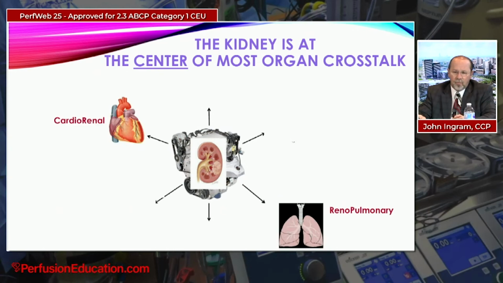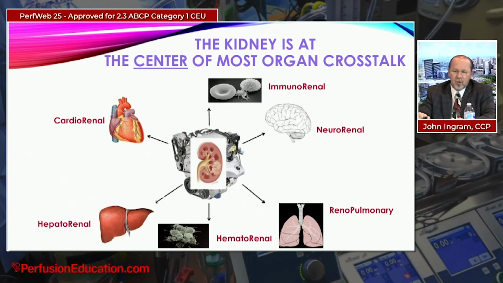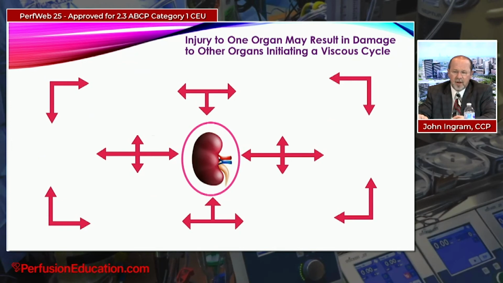And if you have cardio-renal crosstalk, you can have renal pulmonary crosstalk, you can have neurorenal, hepatorenal. You can also have immunorenal, where the kidneys directly affect the immune system. And at the bottom, you can just have that it affects the hematological system. And you can have any combination of these.